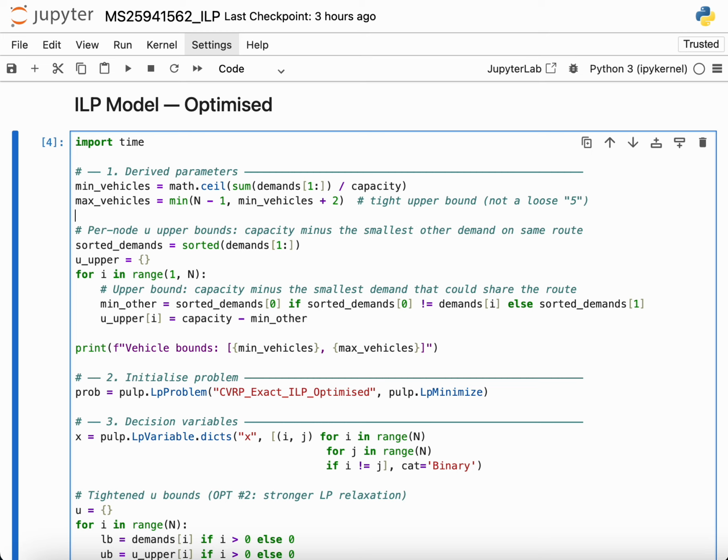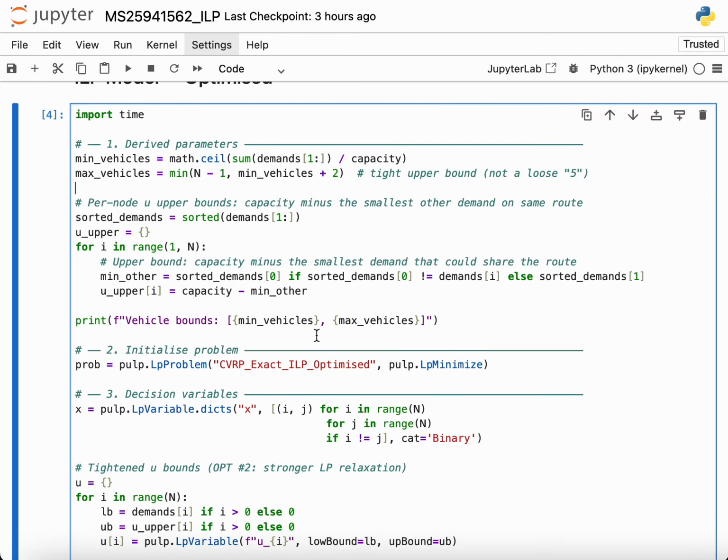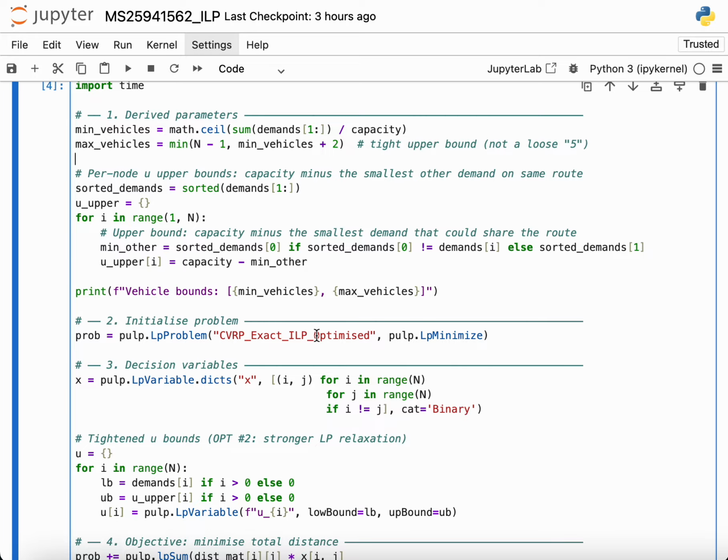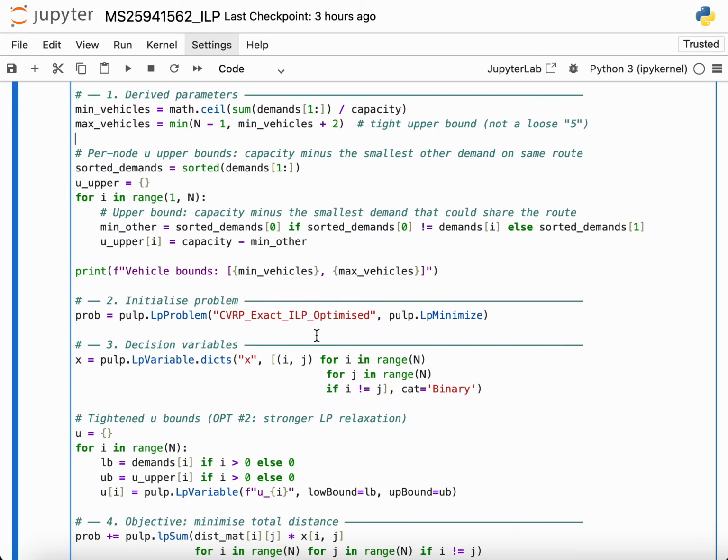Crucially, the model is agnostic regarding the fleet. We don't pre-assign which truck goes where. The solver determines the number of vehicles used, based purely on what minimizes total distance while staying under the 206 unit cap.